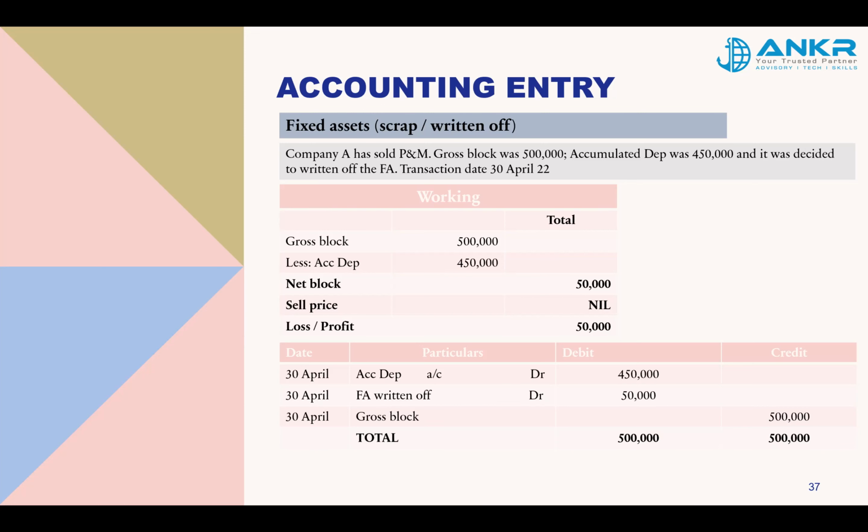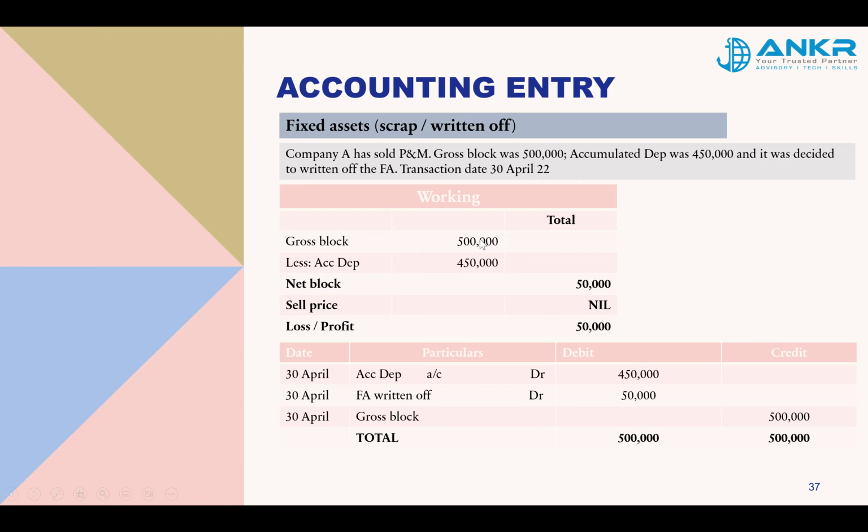Now, there can be a situation where the assets are written off or completely scrapped, meaning you don't get any value for that asset, or during the fixed asset verification, you did not find that asset at all, and you have to write it off in the books of accounts, right? So in those situations, what will be the case? You will not get anything in your bank account, right?